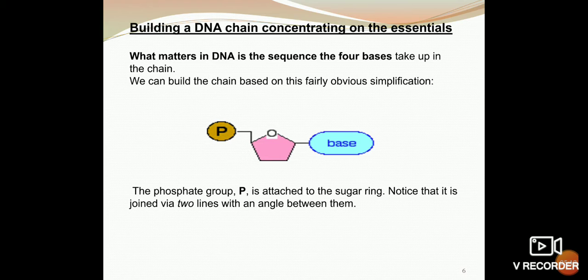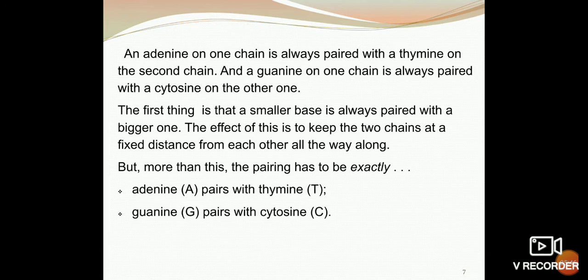Building a DNA chain, concentrating on the essentials. What matters in DNA is the sequence of the 4 bases in the chain. We can build the chain based on this very obvious simplification, that is phosphate, sugar and base. The phosphate group P is attached to the sugar ring, and notice that it is joined by 2 lines with an angle between them.